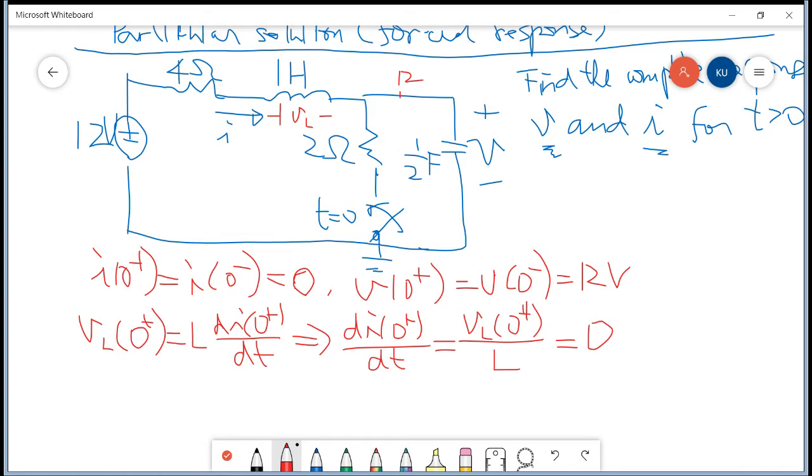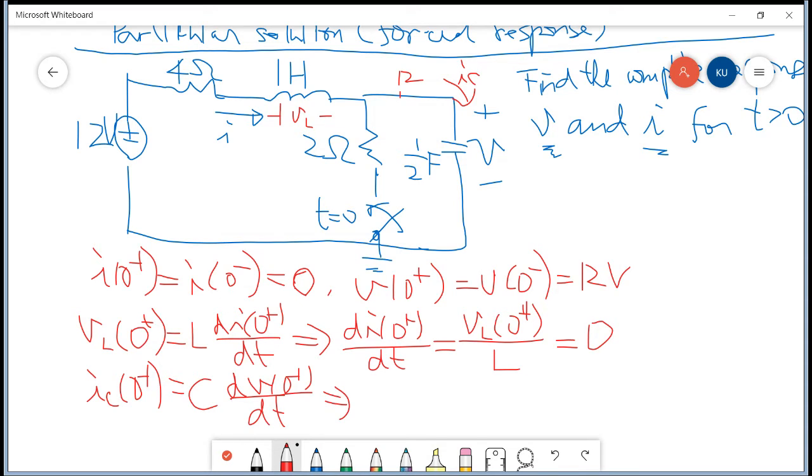And for V, this is a capacitor. So we will have IC(0+) equal to C dV(0+)/dt.